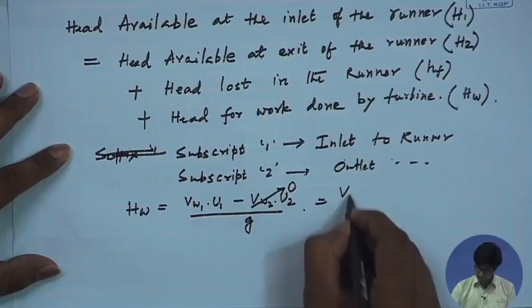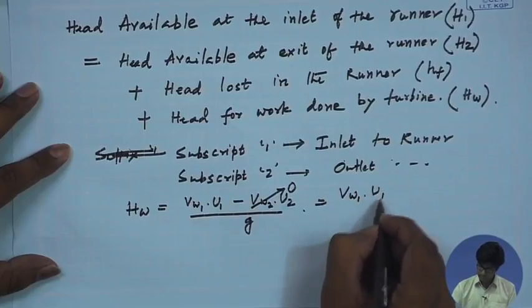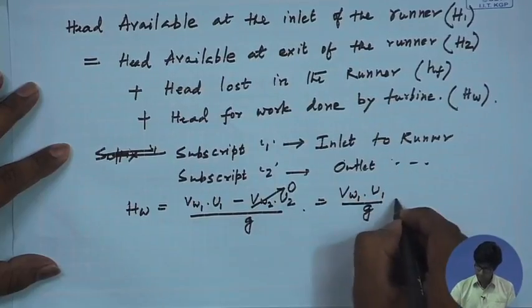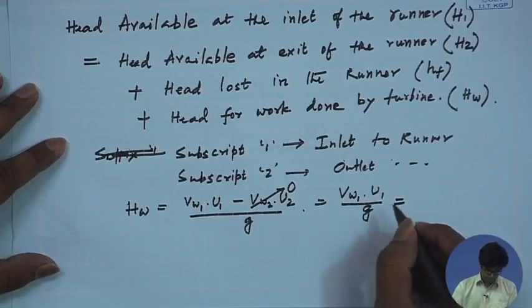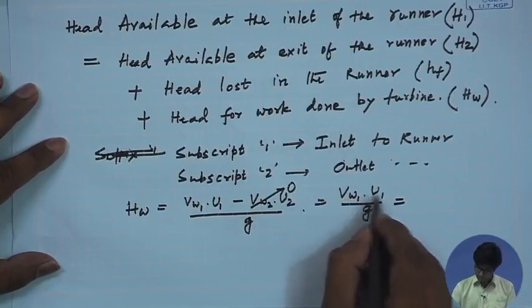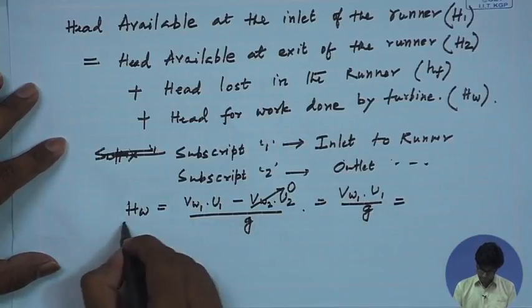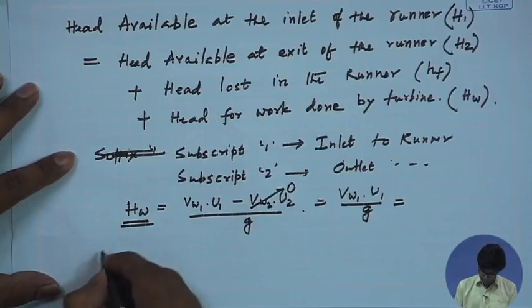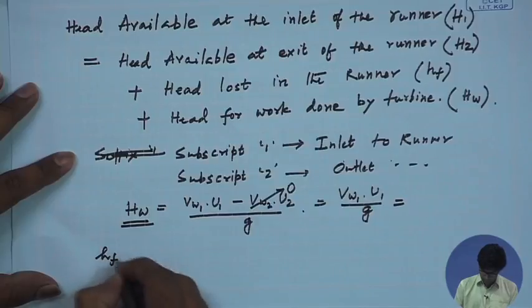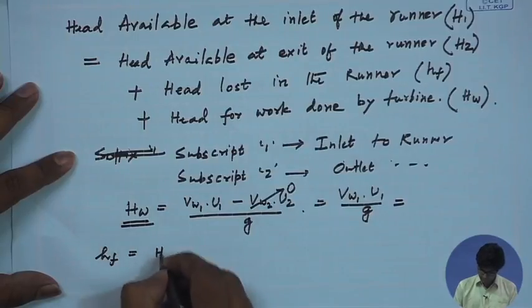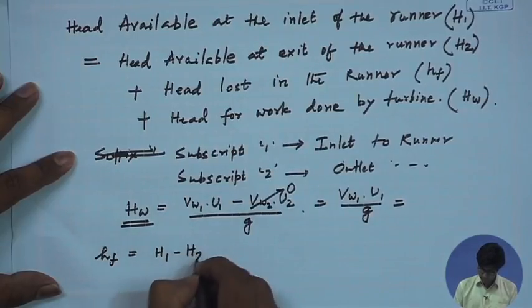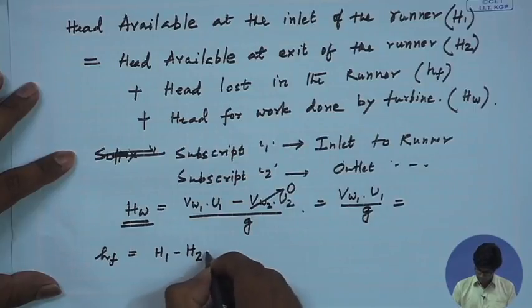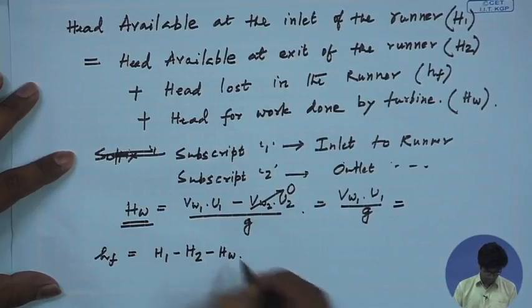So, we are left with VW1 U1 by g. We know the values of VW1, U1 and g. So, we can find out the value of Hw. So, we can write Hf as H1 minus H2 minus Hw.